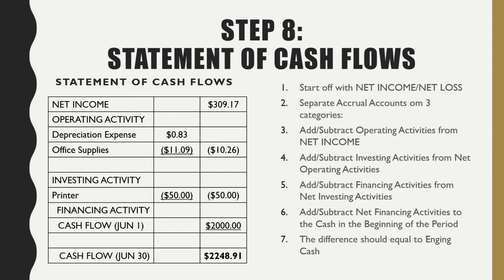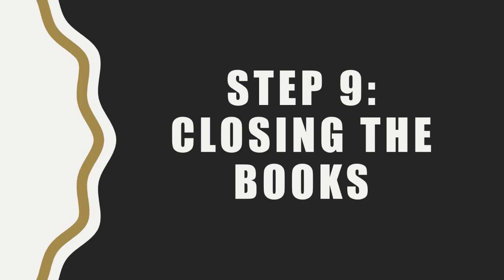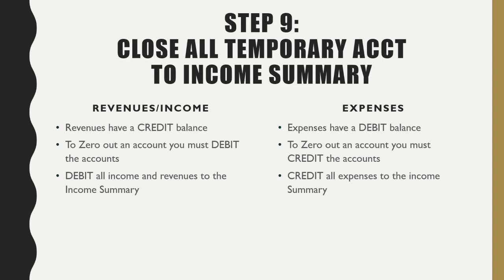All right? So that's that statement. Once we've completed this, now we can officially start closing out our books, right? If you remember, in chapter 2 we talked about permanent accounts and temporary accounts.